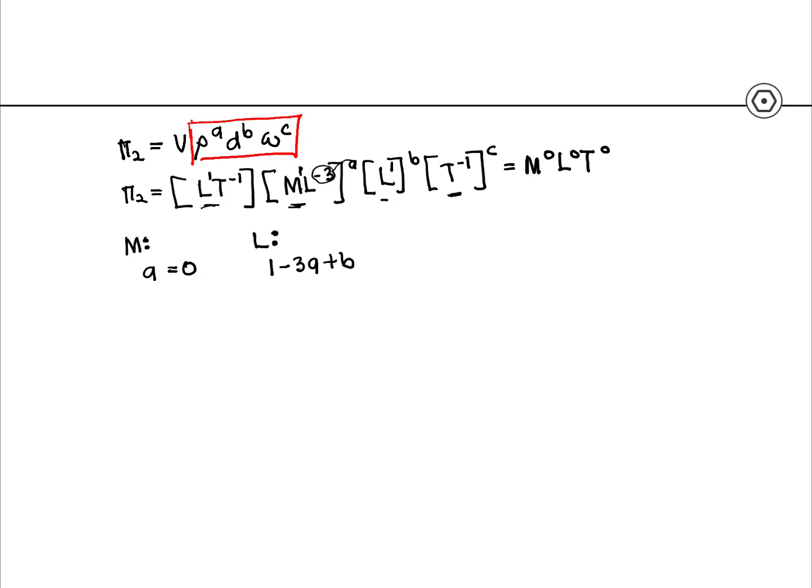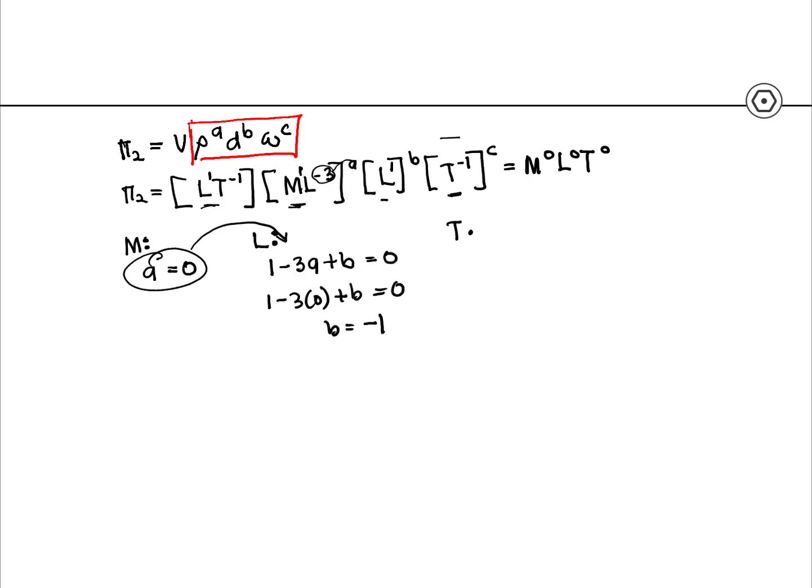Here there is no L, and then equal to 0. Substitute the value for a into this equation. 1 minus 3 times 0 plus b equal to 0. b is equal to minus 1.